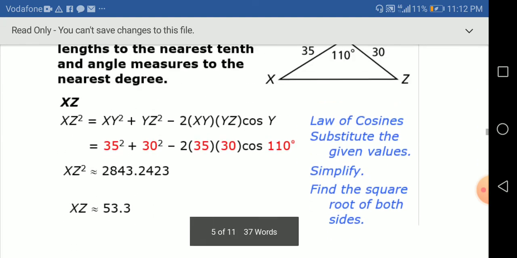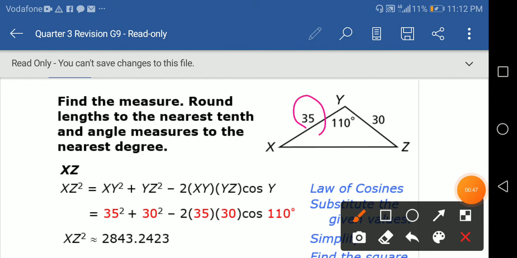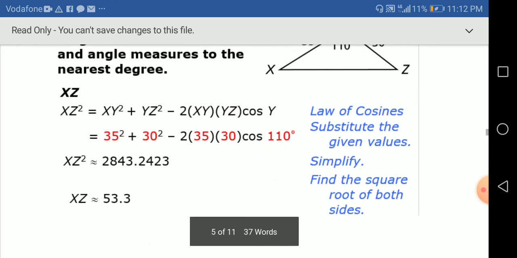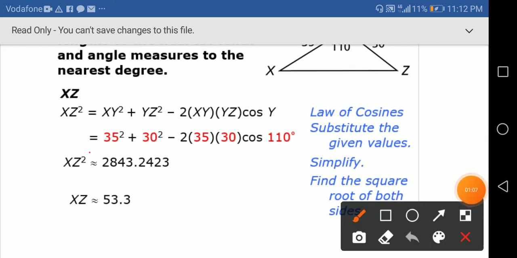So I will substitute the values: 35 for XY and 30 for YZ, so 35 power 2 plus 30 power 2 minus 2 times the two sides, cosine 110, the in-between angle. By using my calculator I will find the answer XZ power 2, and then XZ under the square root. Remember, the square root is the inverse of squared.